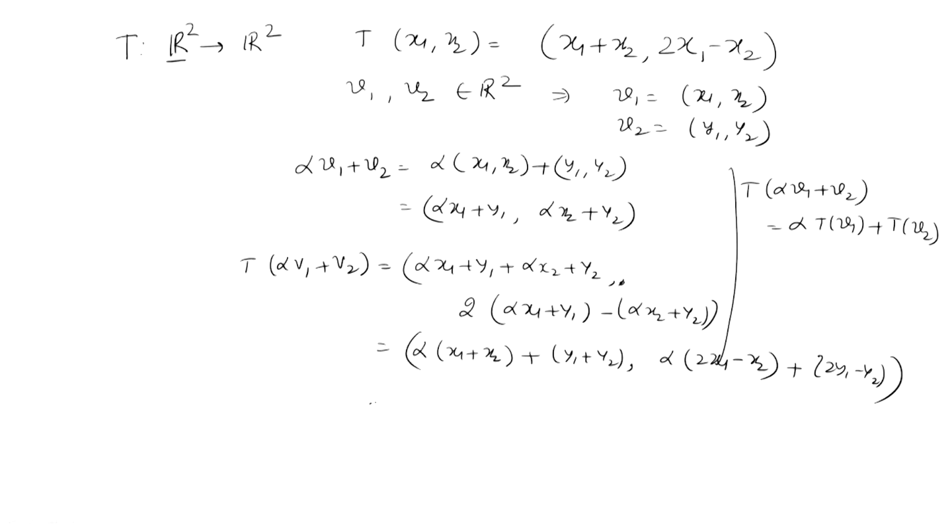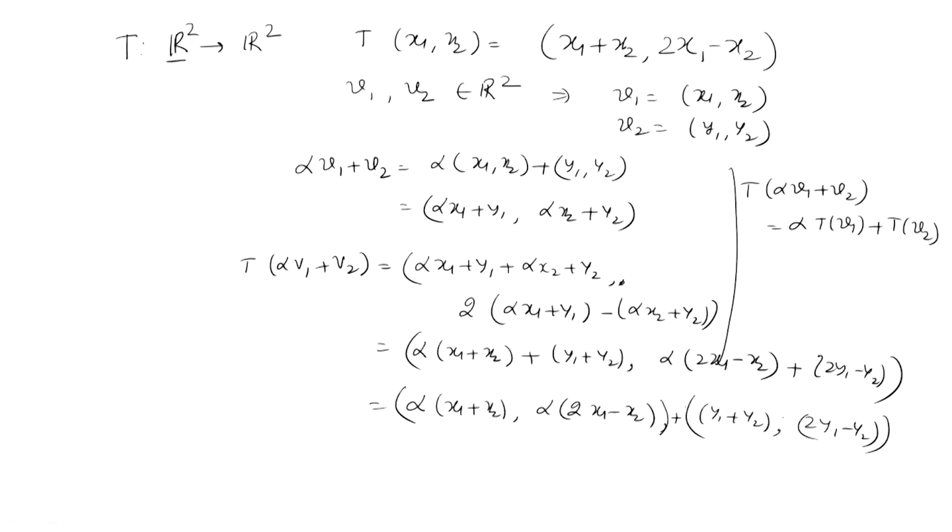Okay, this can be written as alpha times (x1 plus x2), alpha times (2x1 minus x2), and (y1 plus y2), (2y1 minus y2). Okay, addition of these two.